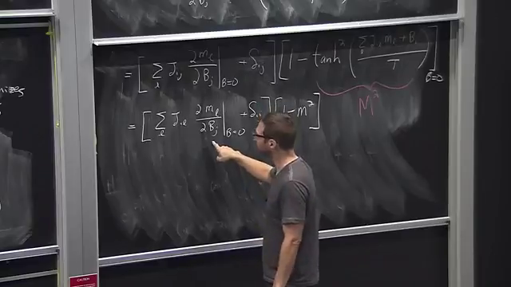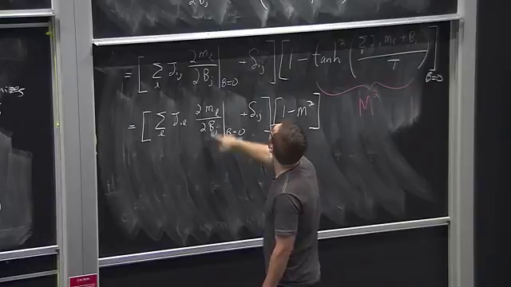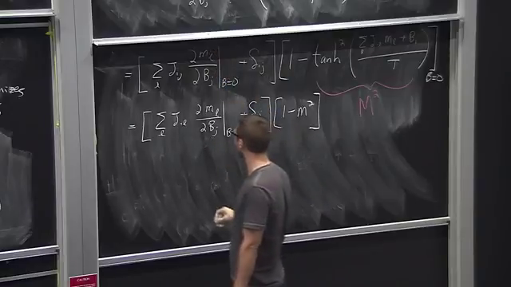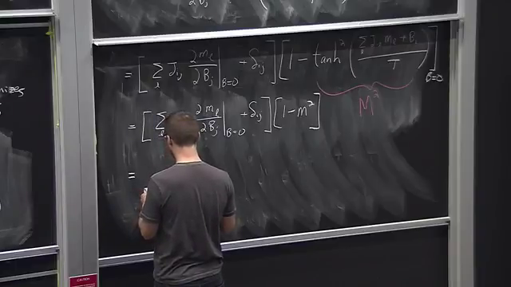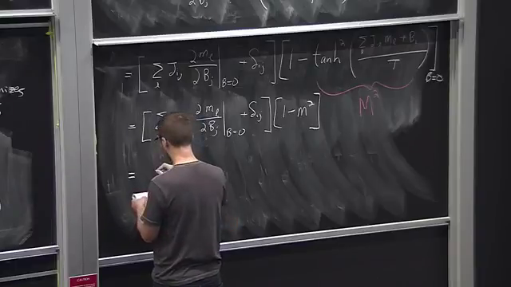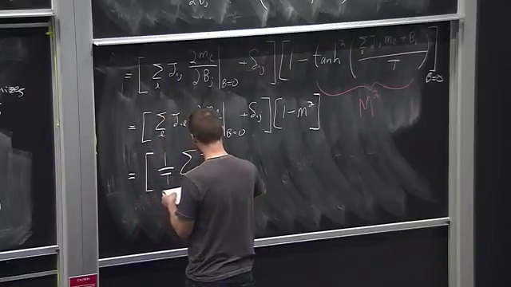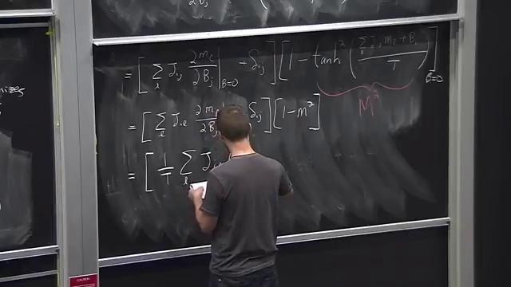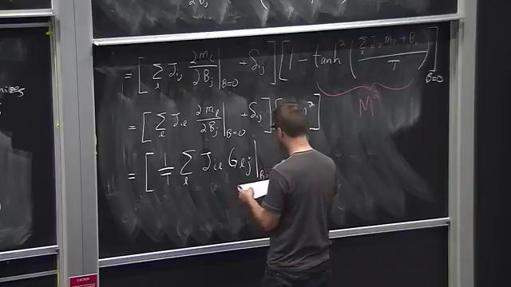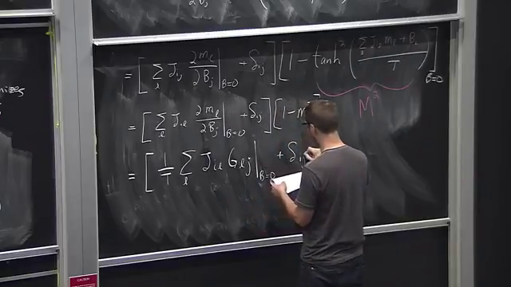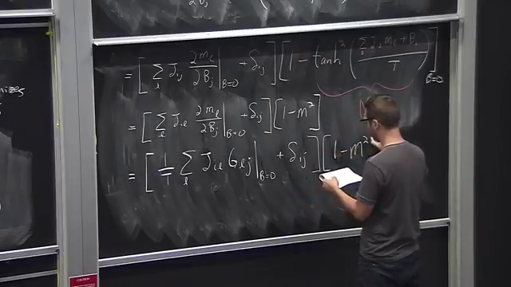And that thing really is just written right up there in terms of G_ij. So I can write this whole thing. I need a T out front. So 1 over T, sum over L, dm_i/dB_L, G_Lj at 0 field plus delta_ij, times 1 minus m squared.